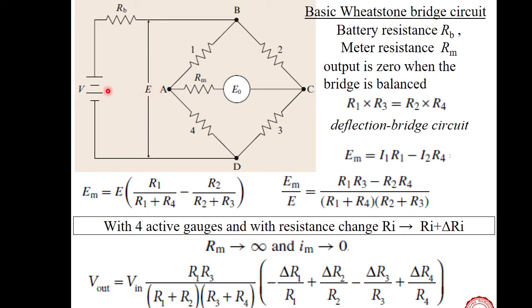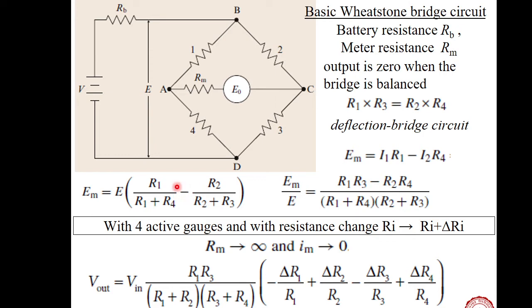So why are V and E different? Because this battery itself has a resistance. So in the actual circuit, this V is the rated voltage or zero current voltage, right? In the actual circuit, this is E. So this is clear? Yes. So now V in is substituted by E, and this is V measured, this is EM.